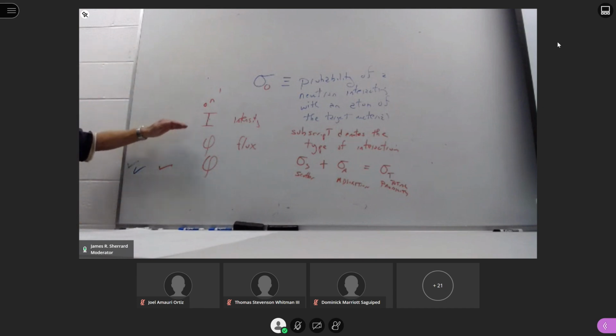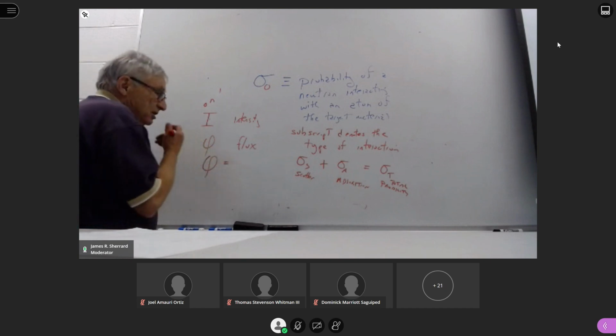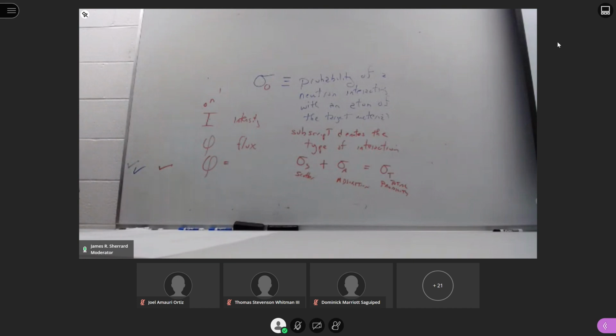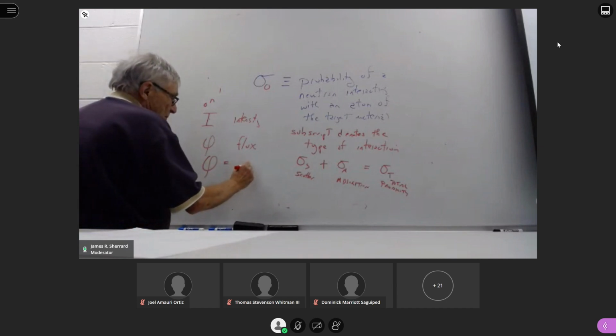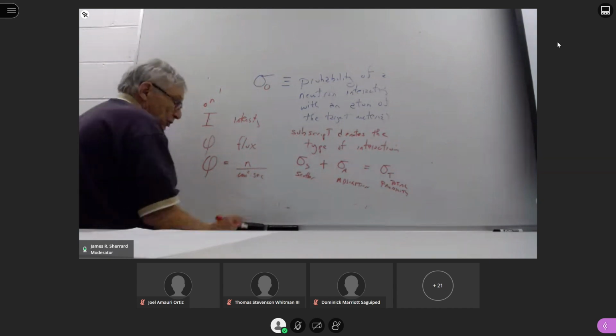Your book might interchange the two, but they really mean the same. So if you look at flux, did Professor Abel go into the units for flux? Did he cover flux at all? I don't believe he did, but I could be wrong. Anybody? You remember him talking about anything? I'm particularly interested in, if he did, what the units are. And the units turn out to be neutrons per square centimeter per second.